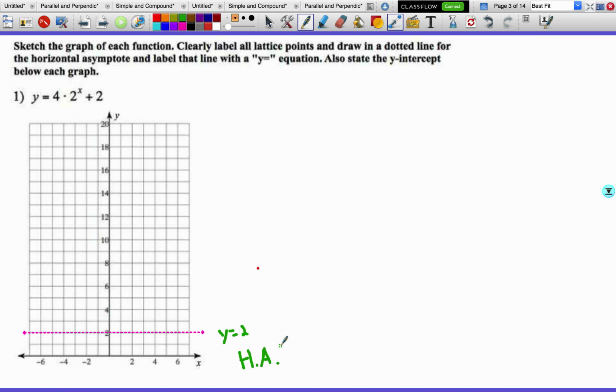All right, Alice can never go lower than this horizontal asymptote here. Now, her height, we're going to say she starts at 4 feet tall, but she's standing on the 2-foot table, so her head is up at the 6. That's our y-intercept, so y-intercept is 6.